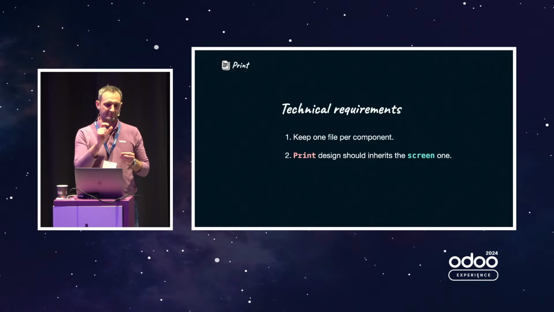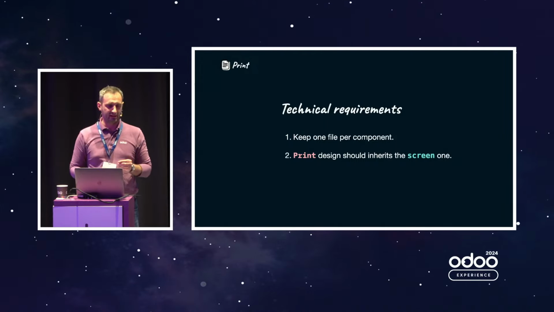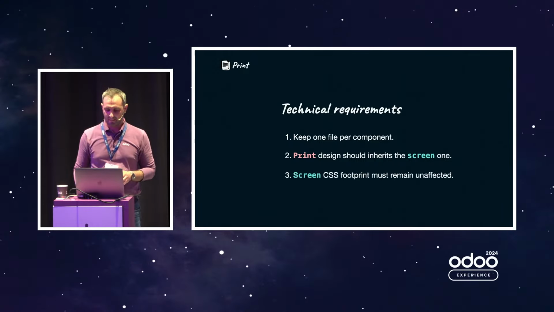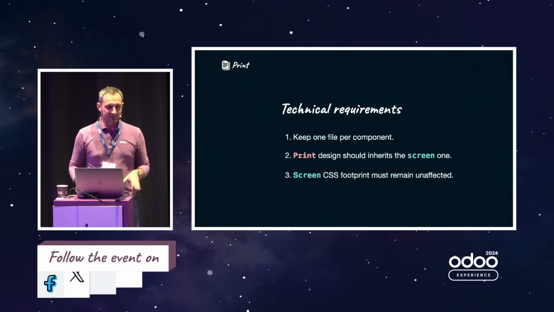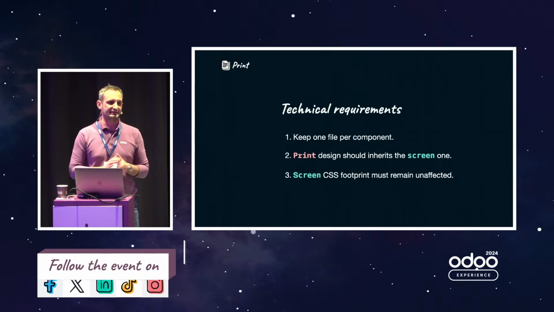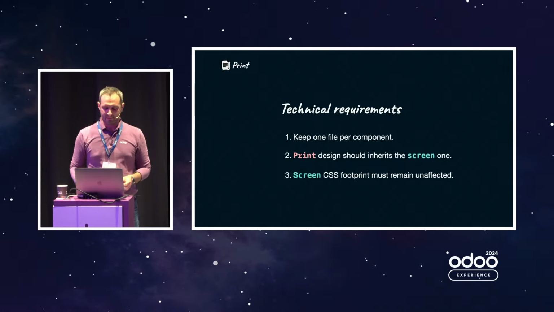The design of a page should be the same in screen and in print as well, except some minor adjustments, but the base, the backbone, should be the same. And then we absolutely didn't want the footprint of the base CSS for screen to be impacted by that. Okay? So no new code on top.